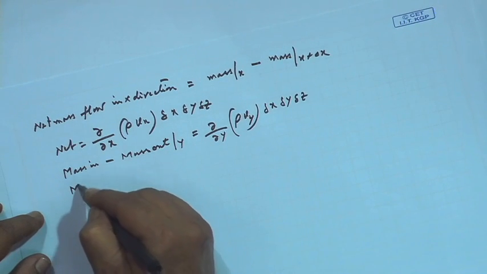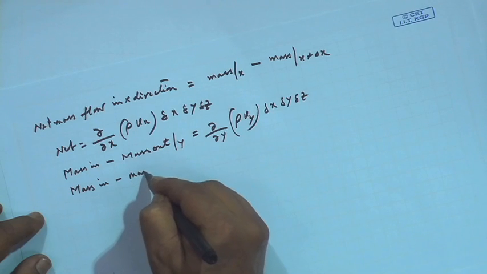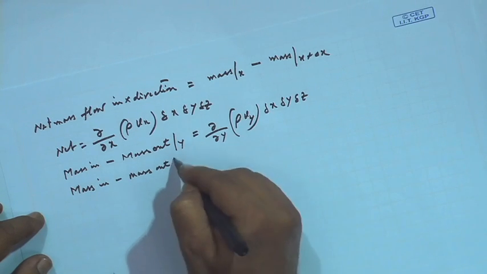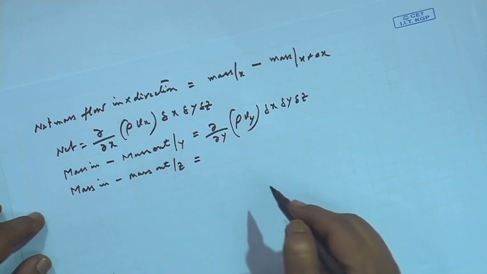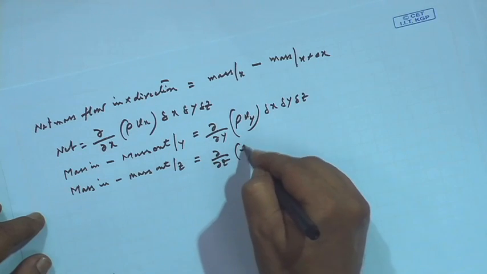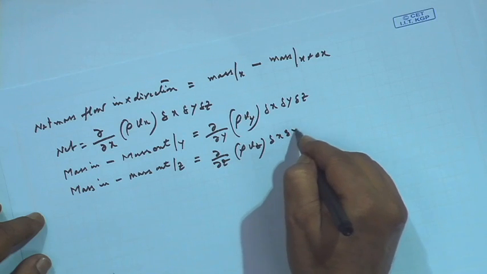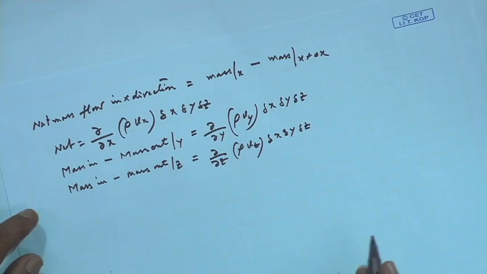Similarly, mass in minus mass out in the z direction, you can write del del z of rho Vz into del x del y del z, right.